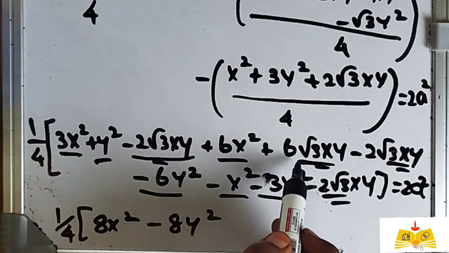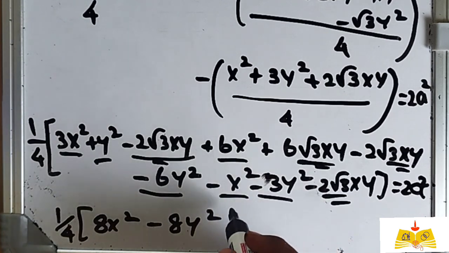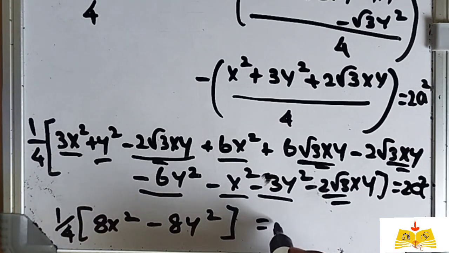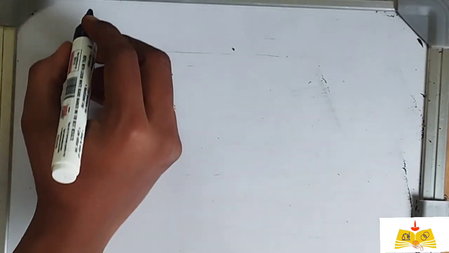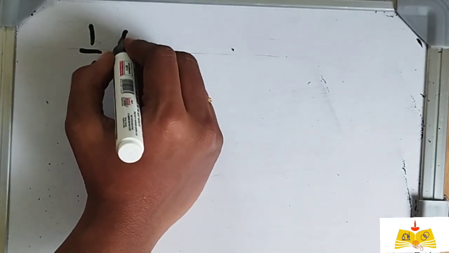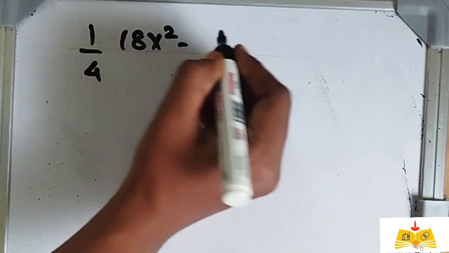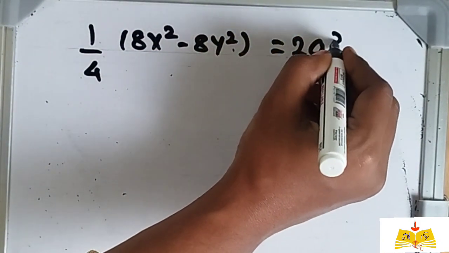Here it is plus 6 root 3 xy, so they get cancelled, right. Clear. So what is the simplified answer we get? We get 1 by 4 times 8x squared minus 8y squared, which equals a squared.